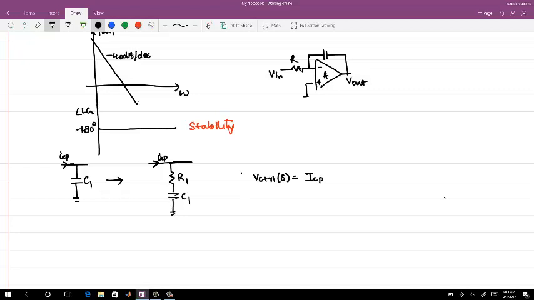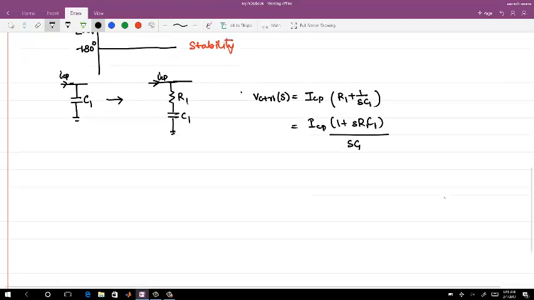ICP times R1 plus 1 over SC1, which is ICP into 1 plus SR1C1 by SC1. So the previous block only had ICP by 1 over SC1. Now you have an additional term which is SR1C1, which is a zero you introduced for stability reasons.